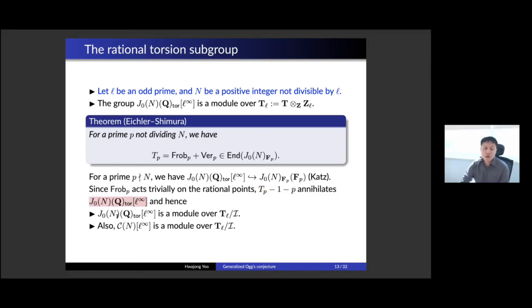So naturally, the L-primary part of the rational torsion subgroup is a module over this finite ring. And also the L-primary part of the rational cuspidal divisor class group is also a module over this ring. We want to prove this equality as modules over this ring, so we will study this ring further.